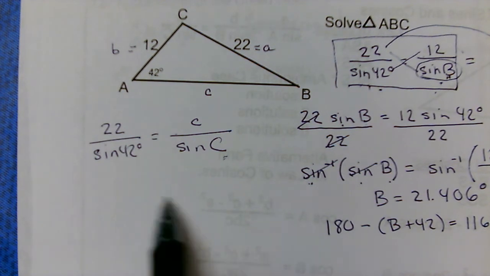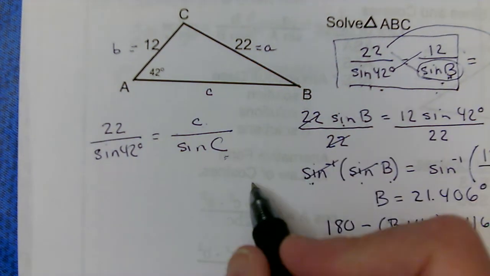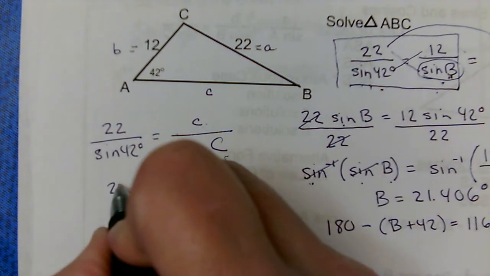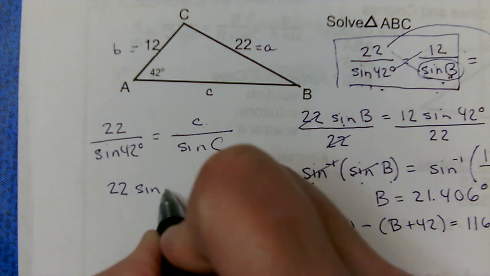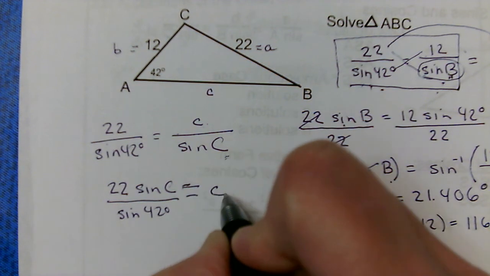But I'm just going to solve this to get little c by itself. So to do that, I'd have to multiply both sides by the sine of C. So that gives me 22 times the sine of C over the sine of 42 degrees equals little c.